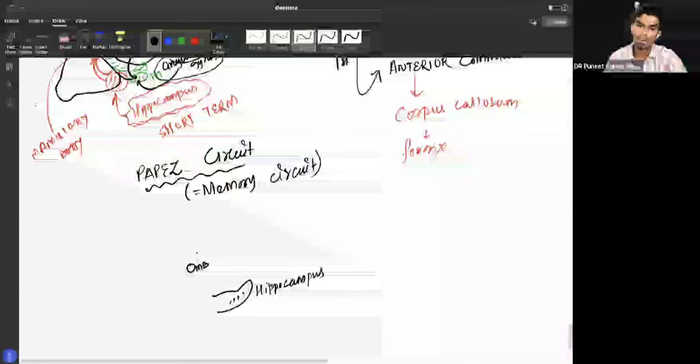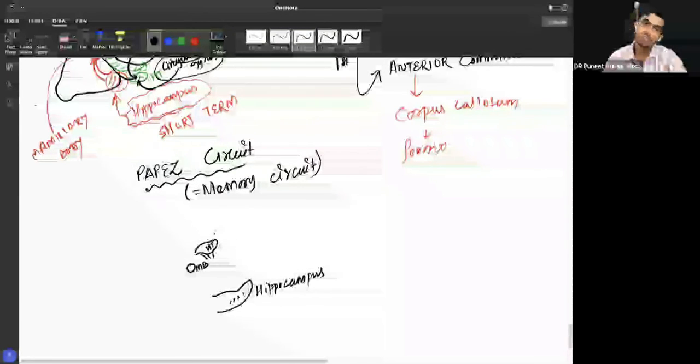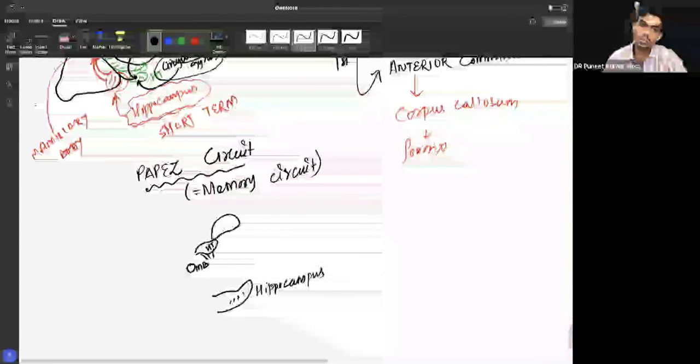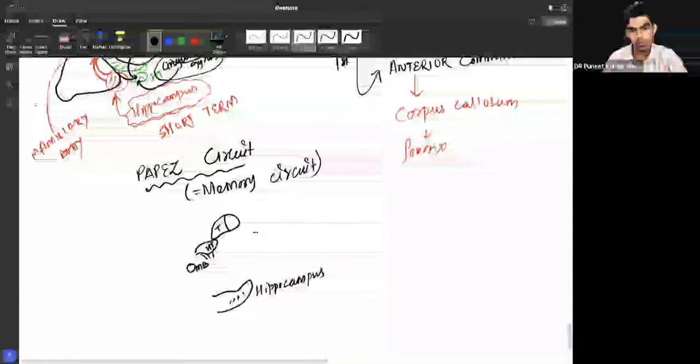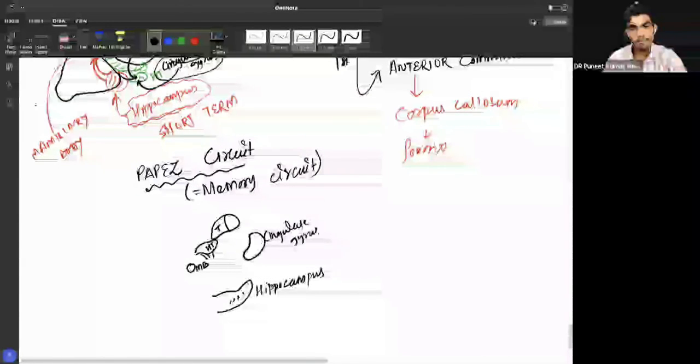MB means mammillary body. Then it goes to the hypothalamus. Then it goes to the anterior portion of the thalamus. Then it goes to the cingulate gyrus. Then it comes back to the hippocampus.